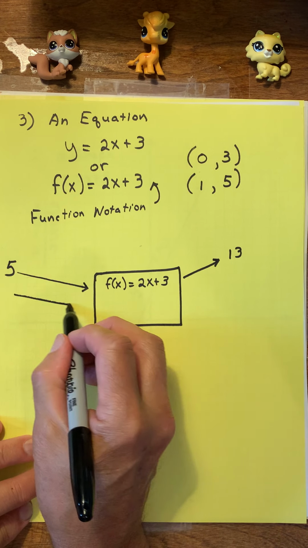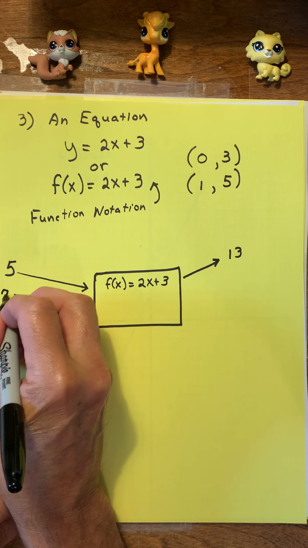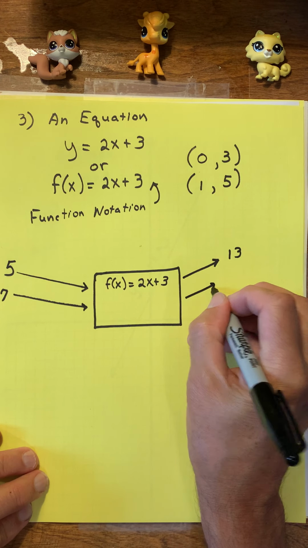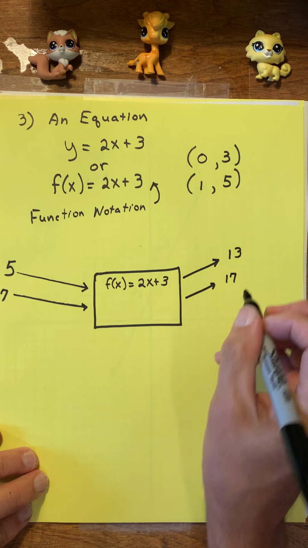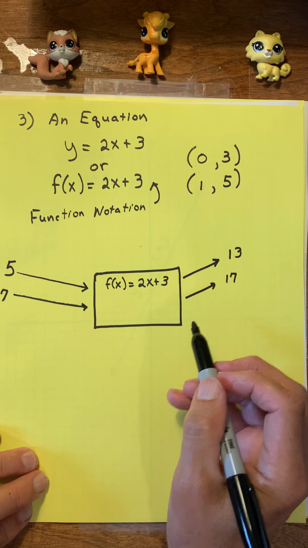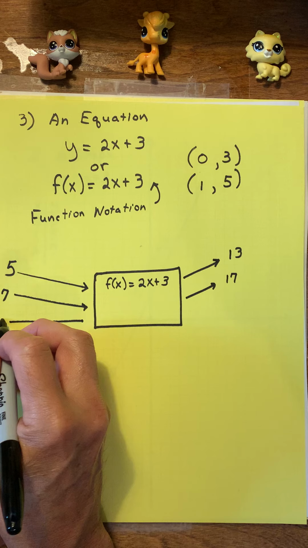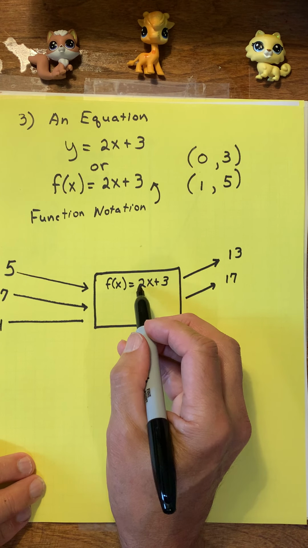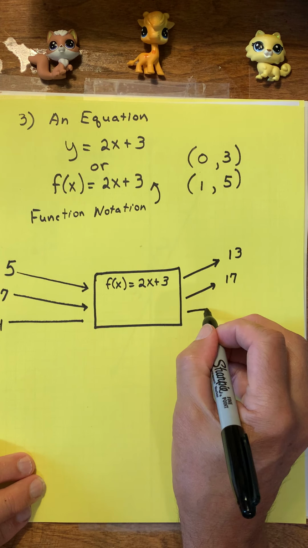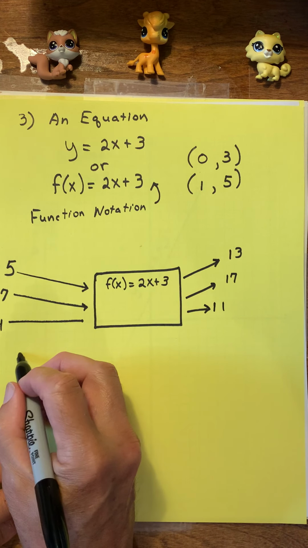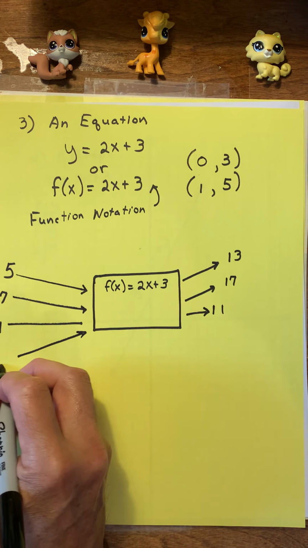I put in 7, 2 times 7 is 14 plus 3 is 17. I put in 4. The function says 2 times 4 is 8 plus 3 is 11. I put in -2.